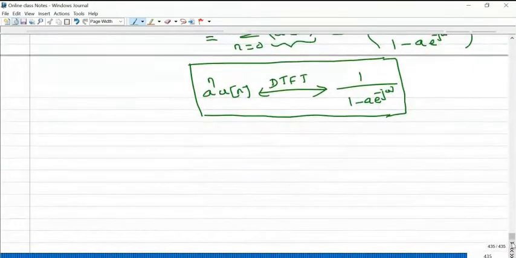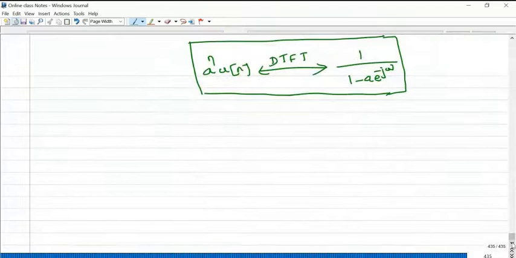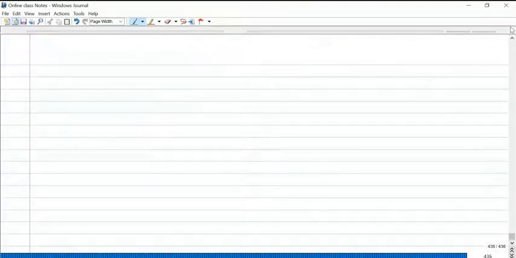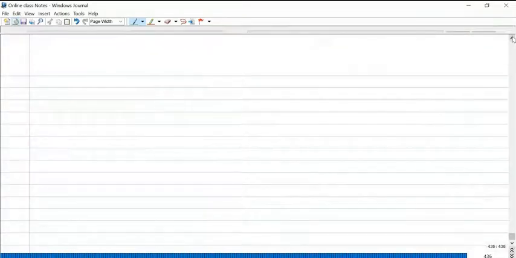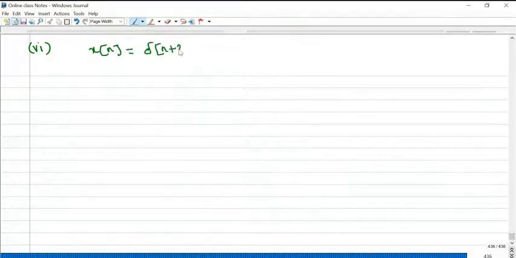Now sometimes you may expect the question directly: find the DTFT of a power n u of n. Right. Next few problems. Suppose x of n equal to delta of n plus 2, delta of n minus 2. Now find the DTFT.